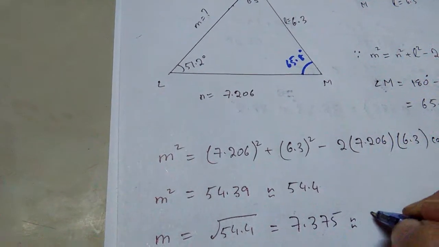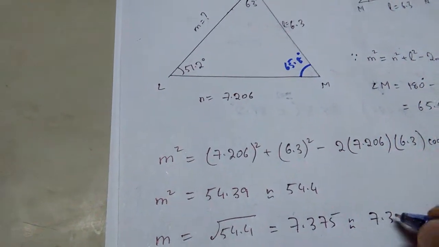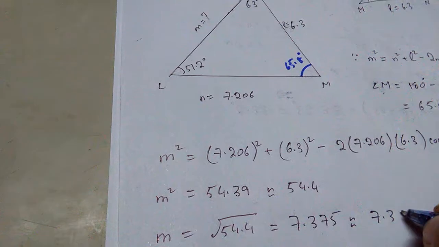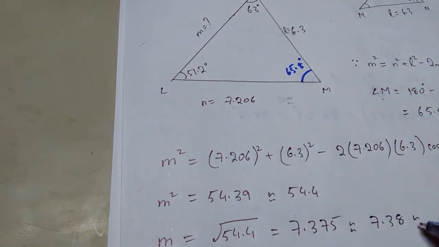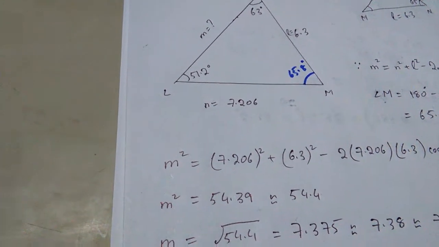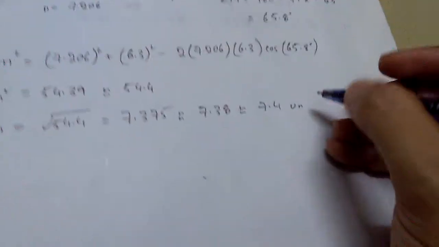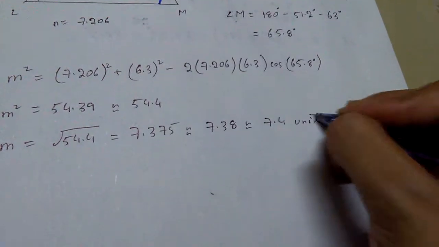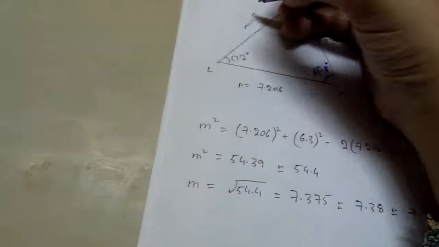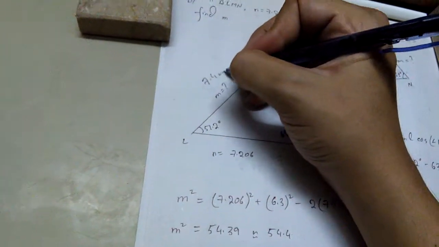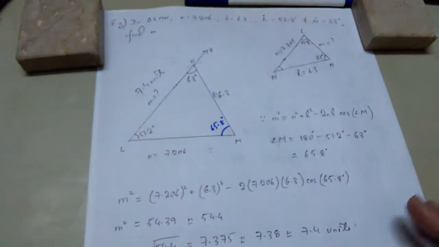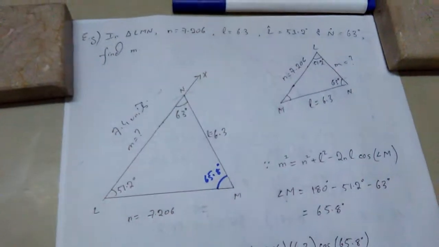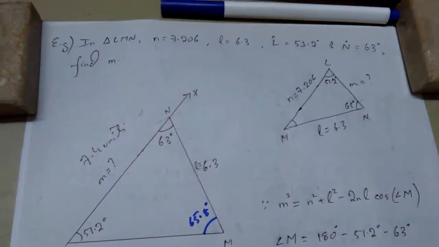If you round it, you can write 7.38. Also you can round up to 7.4 units. So this thing is 7.4 units. Alright, so I think these problems are sufficient enough in getting the concept.